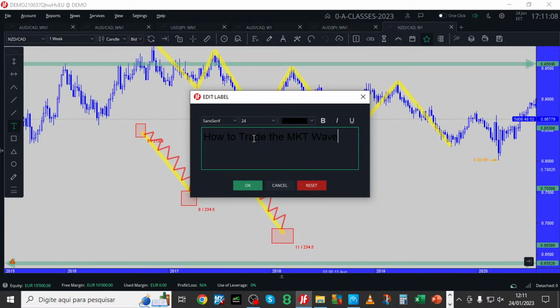Number 1, wait to see a confirmed trend to confirm the end of retracement.